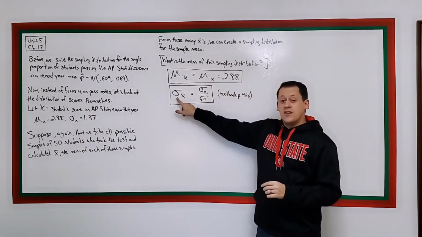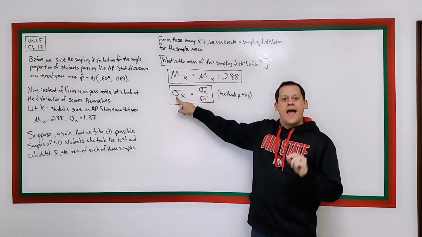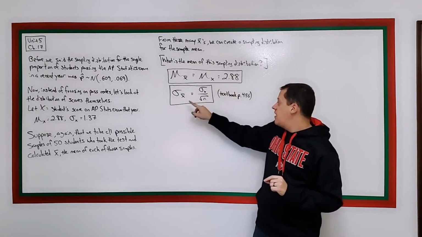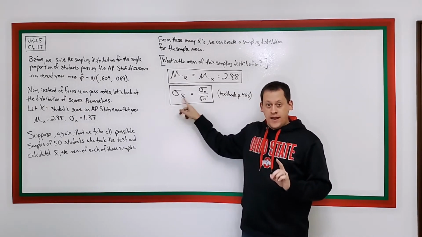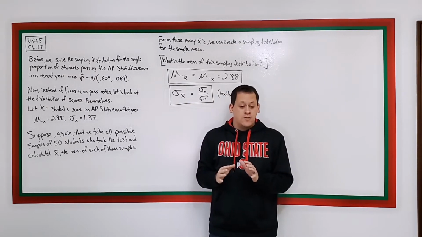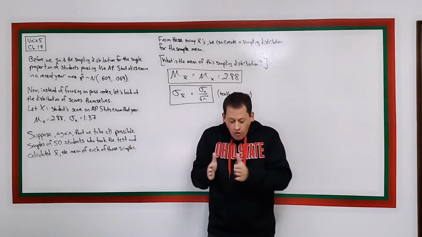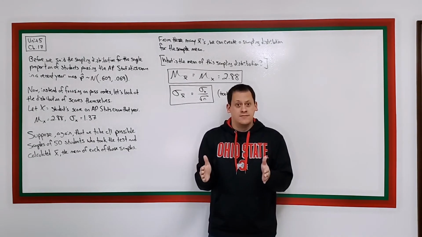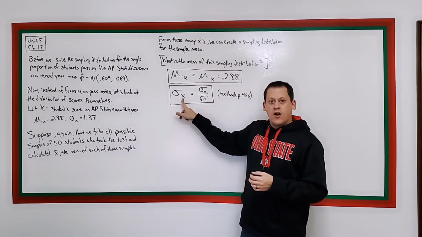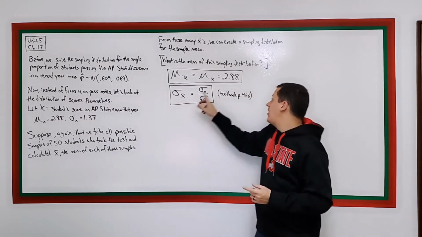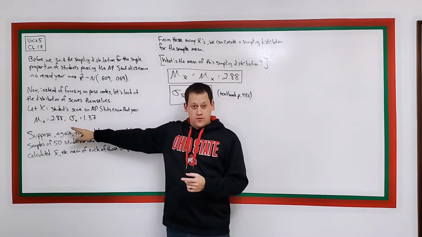The standard deviation of the sampling distribution is only determining how far away from this mean the x bars are. And I'm going to tell you right now, there aren't going to be a whole lot of samples of size 50 that have all 50 scores being 1s. So the vast majority of these x bars are going to be closer on average to this score than the individual scores were.